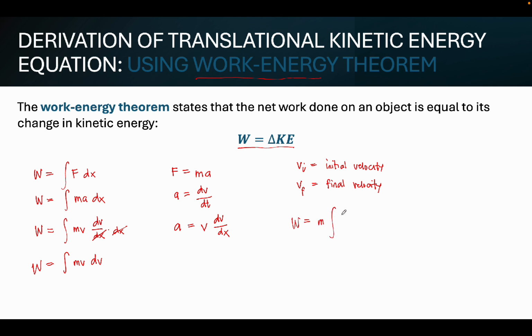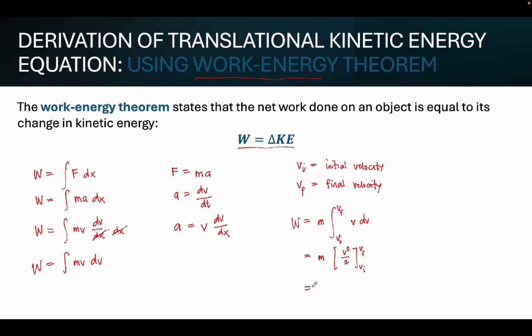M times the integral from vi to vf, or from initial to final velocity, of v dv. Okay, so we have m times the integral of v, which is v squared over 2, from vi to vf.